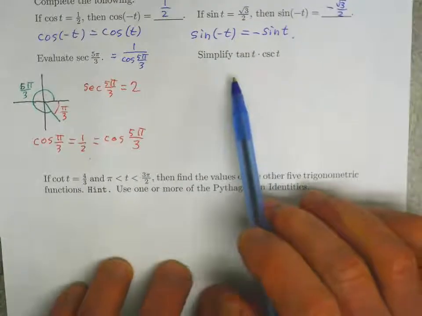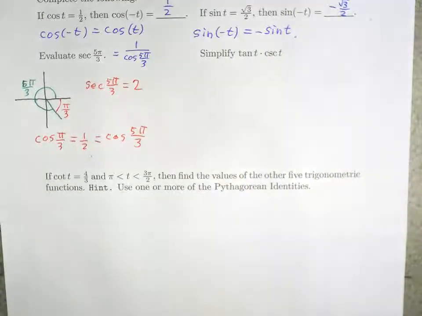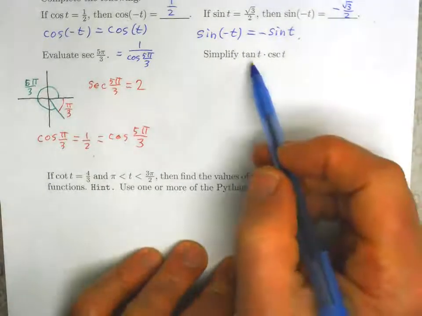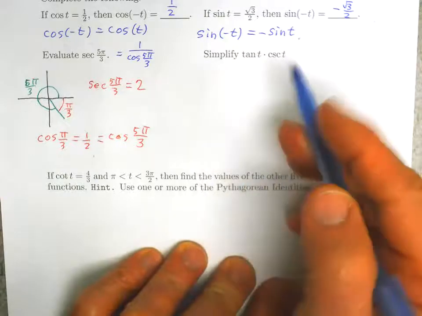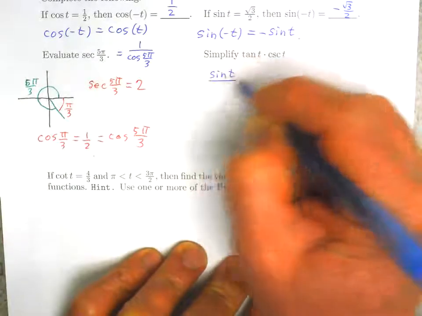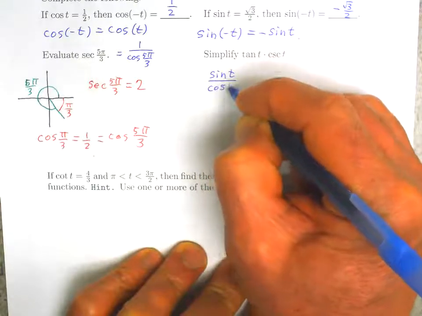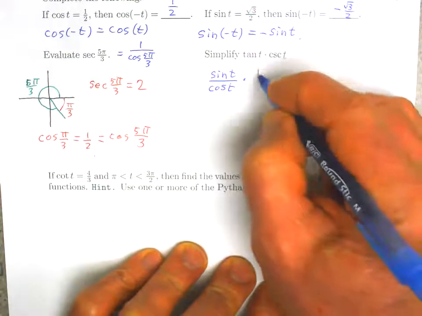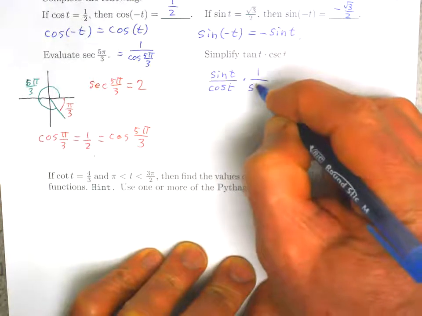Okay, the next problem, simplify tangent of t times cosecant of t. Well, we know that tangent of t is sine of t divided by cosine of t, and cosecant of t is 1 over sine of t.